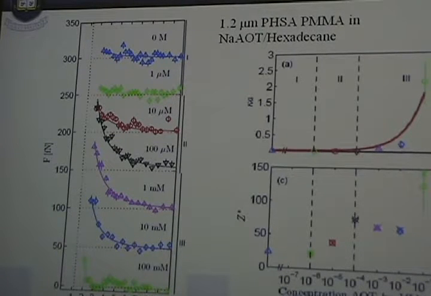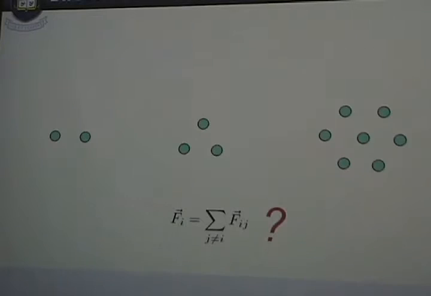Okay, so I want to spend the last couple of minutes telling you about an extension of this technique, which is pretty interesting and ties back into the motivation for understanding interactions between particles. I motivated understanding forces between particles by saying we want to control materials.